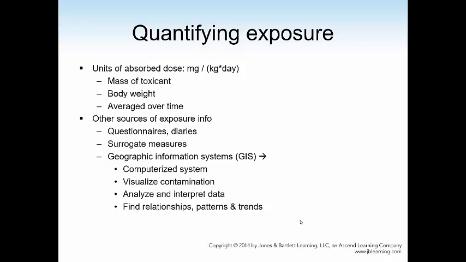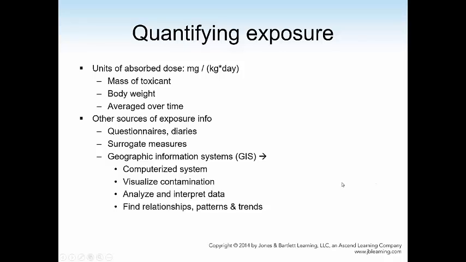So it's a computerized system. You have special software, but what it allows you to visualize contamination, analyze and interpret the data very rapidly. And then using the computer, you can find relationships, patterns, and trends.